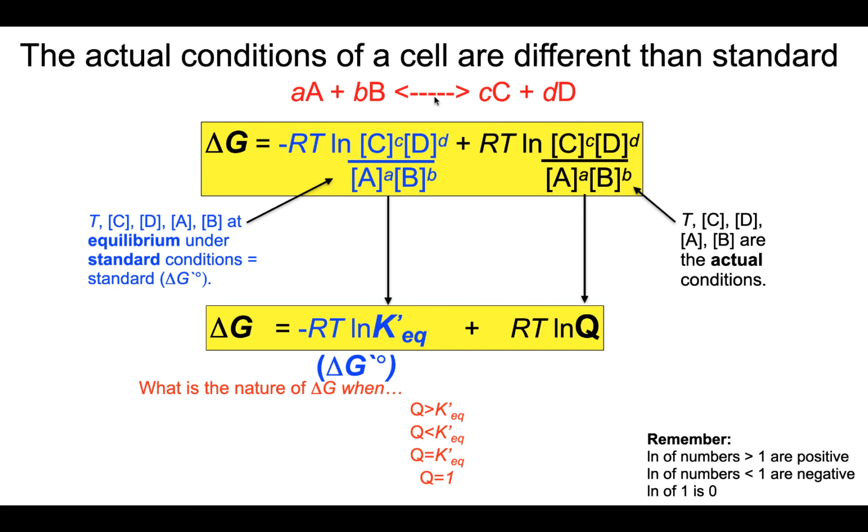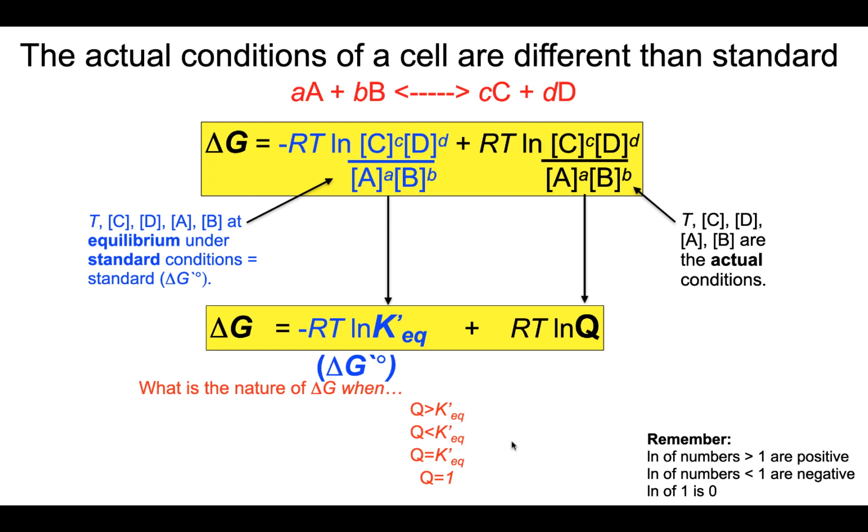It wants to go in the forward direction. Reactions that go in the forward direction have a negative delta G and are exergonic. So if Q is less than KEQ, then we know we have an exergonic reaction at those actual conditions.